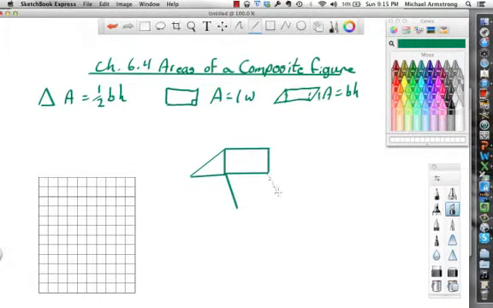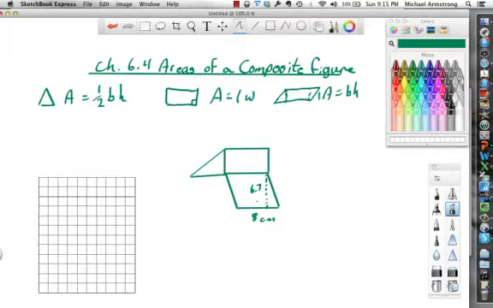So we have this composite figure, and what we have is a triangle right here, a rectangle right here, and a parallelogram right here. So we've got to kind of work that out. The bottom of the parallelogram is 8 centimeters, but the height, which is a dotted line from the base to the top, is 6.7 centimeters.